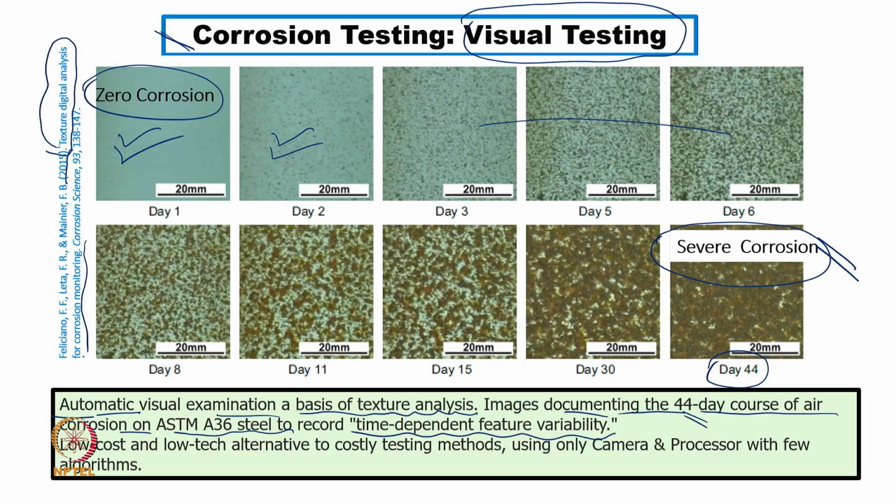So, this is basically the initial tool for machine learning. We observe and then make an algorithm so that in future everything can be automated. That is why they use the words automated visual examination.